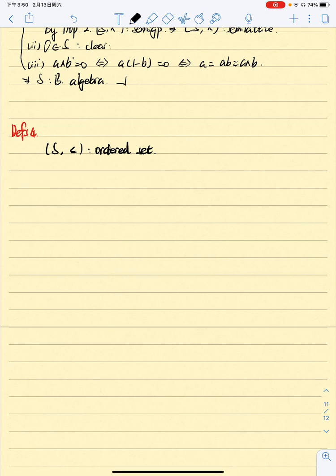Sorry, T is a subset of S. And we call an element in T an upper bound, or least upper bound.